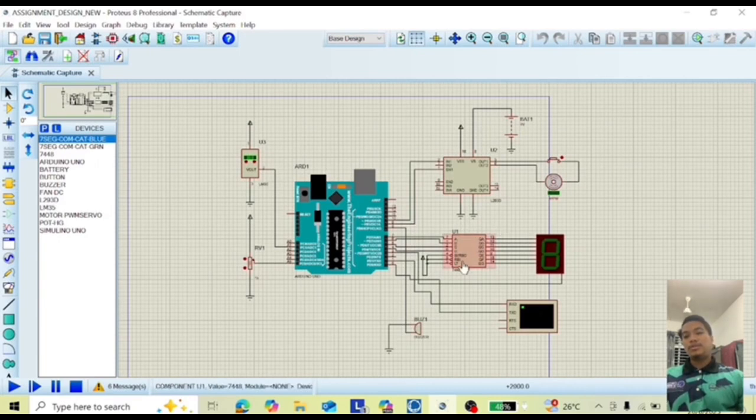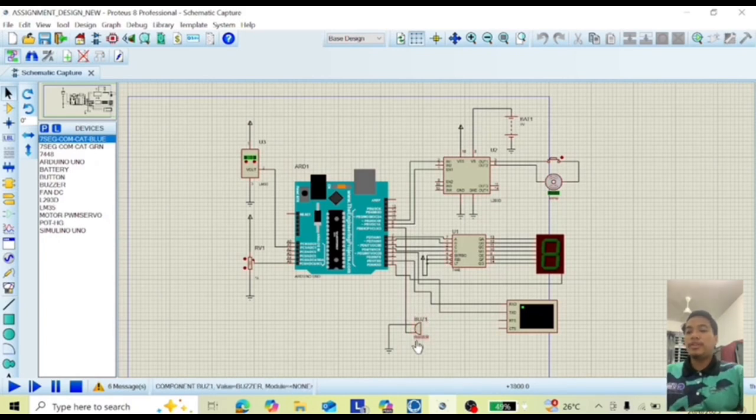I use the 7-segment with the 7448, and I also use a green LED cathode 7-segment, and I use a virtual terminal to show the sensor temperature after I run the project. And I use a buzzer as the output.